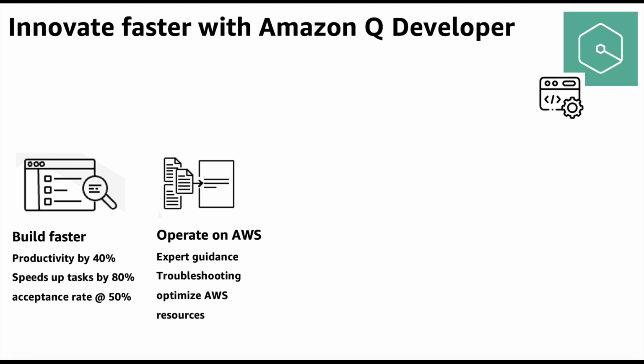Amazon Q Developer provides expert guidance for building on AWS. Ask Amazon Q about AWS services, capabilities, and architecture solutions. It is an AWS expert in best practices, documentation, and implementations.